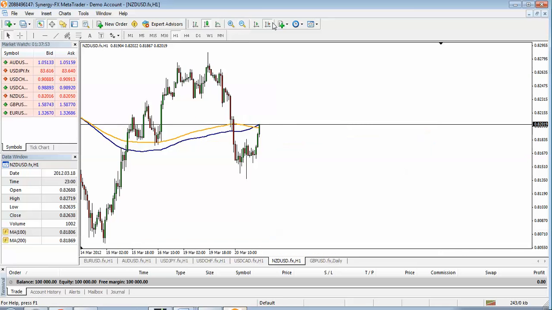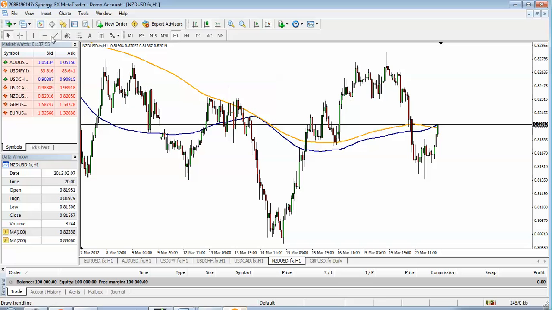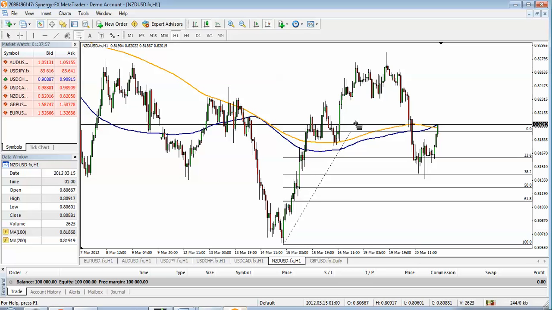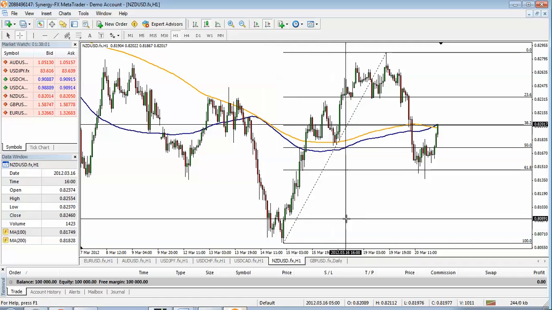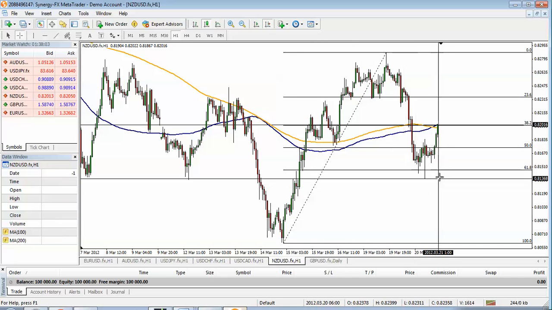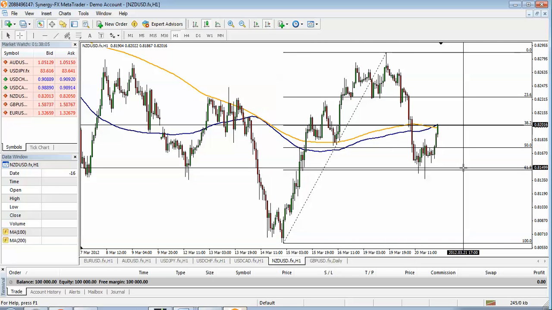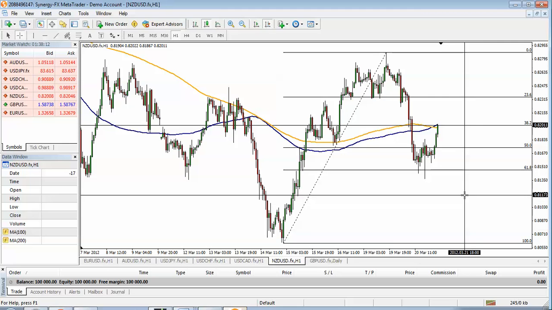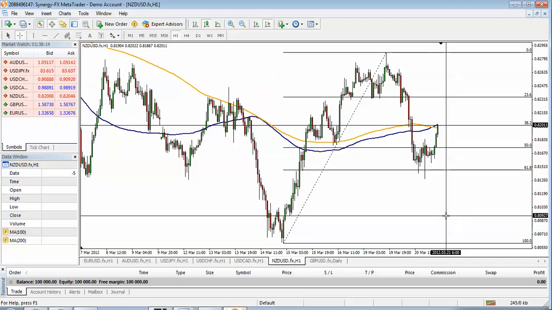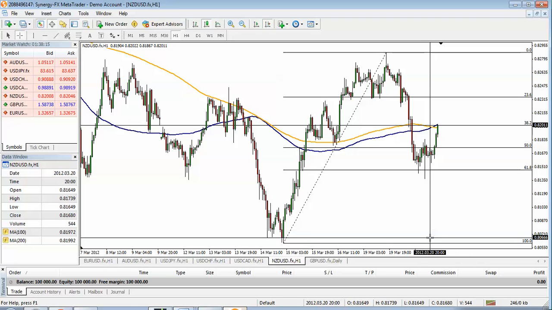and if we do see a rotation to the downside, targets I'll be looking for are definitely, throwing a Fibonacci here, I'll be looking definitely at the 61.8, around 0.815-ish. And if we break that level, then I'll definitely be looking for another downtrend, possibly to the low here at around 0.806.